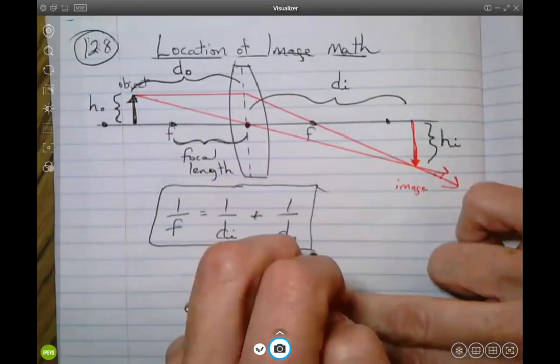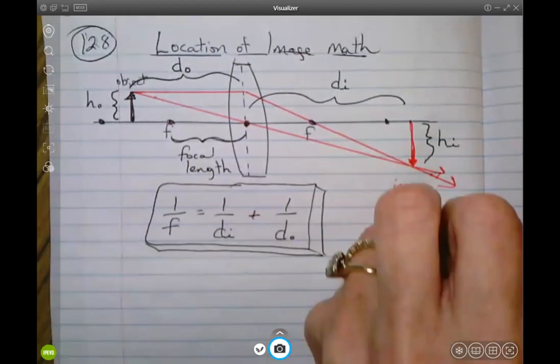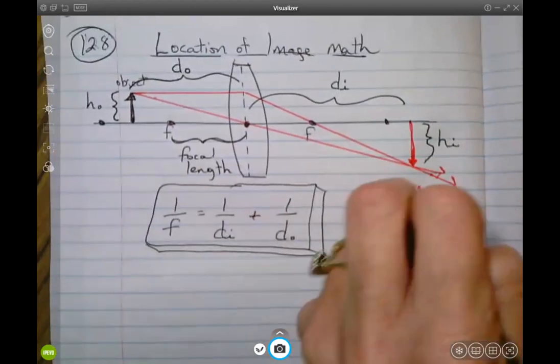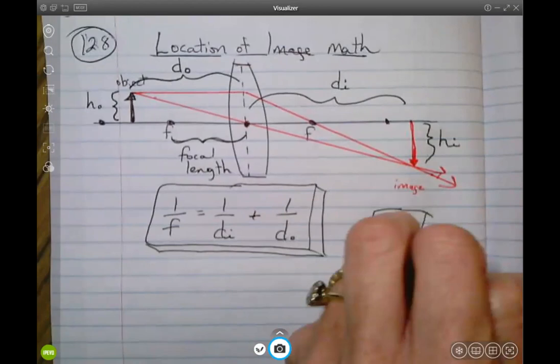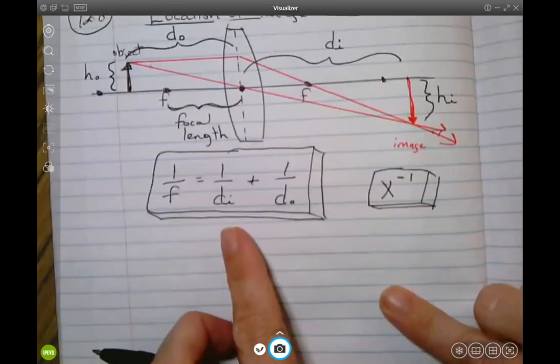When you do this formula, you want to rely on your x to the -1 button, because just like we did when we did parallel resistors, it makes it super easy. Okay, I'm going to show you how to do that.